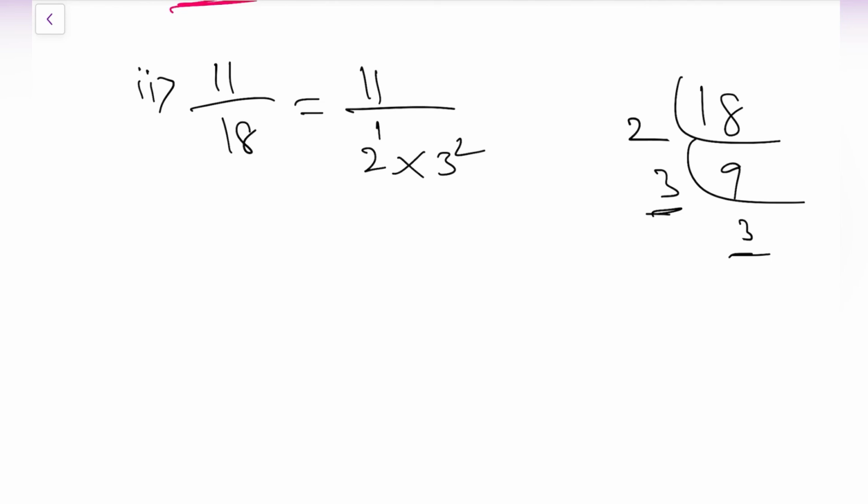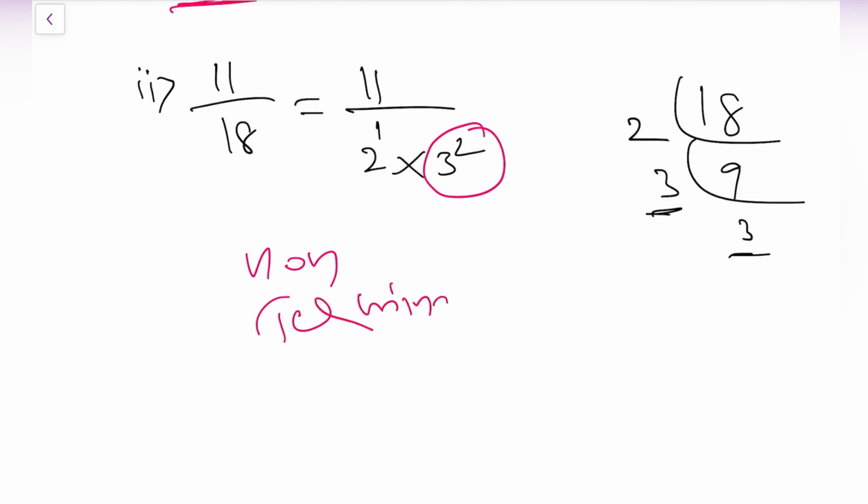As I already said, only 2, only 5, or only 2 into 5 should be there, no other numbers. But here an extra 3 square is there. So that's why this is non-terminating repeating.